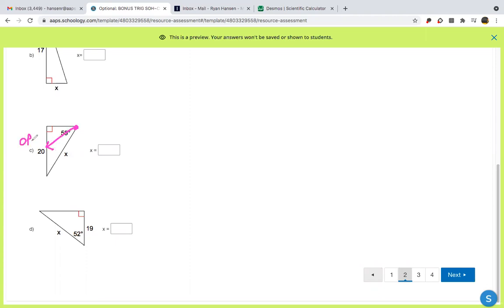That is the opposite. And this x kind of looks like an incline, right? Or a ramp. It's across from the 90-degree corner. That must be Mr. Hypotenuse. So we're going to use 20, which is the opposite. We need x, the hypotenuse. So we're playing with opposite hypotenuse.